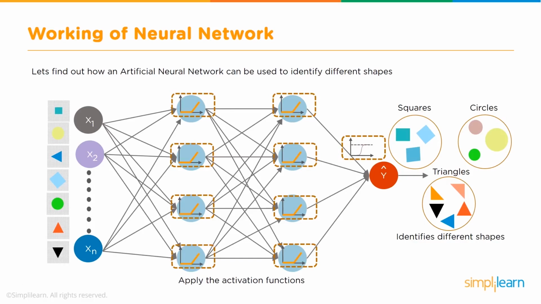So whether the output should be 0 or 1 is decided by the activation function. And the activation function in turn takes the input, which is the weighted sum. Remember, we talked about wi, xi plus b. That weighted sum is fed as an input to the activation function, and then the output can be either a 0 or a 1.